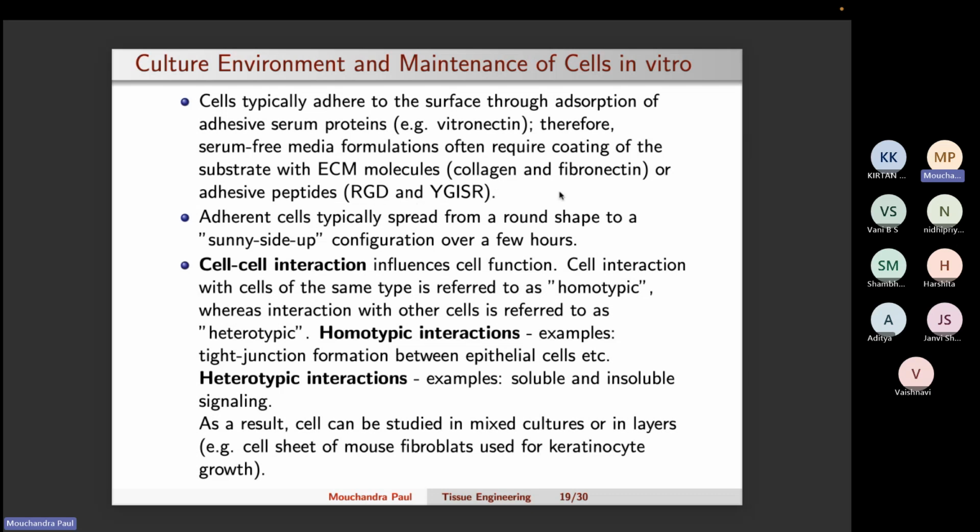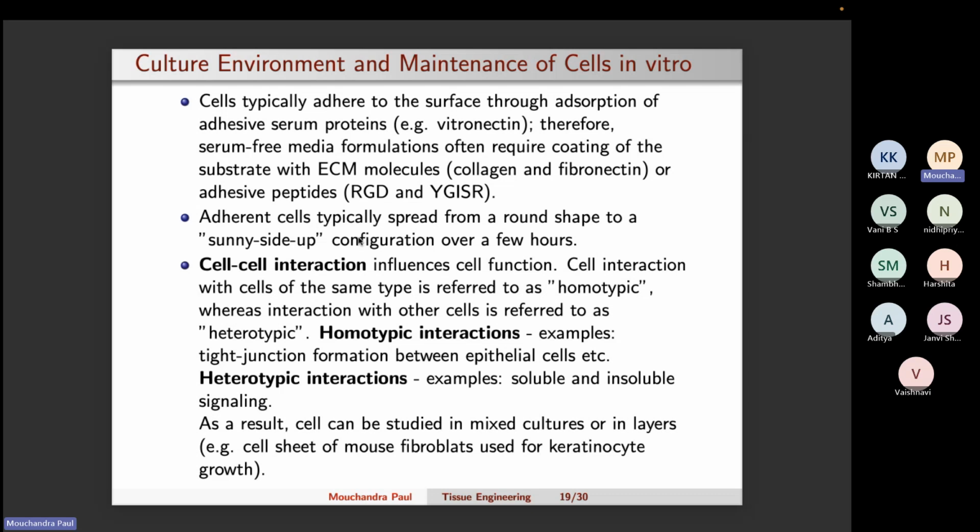Because in the serum-free medium there is no protein, there will be no adsorption of proteins, but you need proteins on which the cells will adhere. So in order to do that, you prior coat the flask surface with a protein like collagen or fibronectin, or a peptide. Now, when you add cell suspension, these cells remain in round shape, and within a few hours they adhere and take up their morphology.